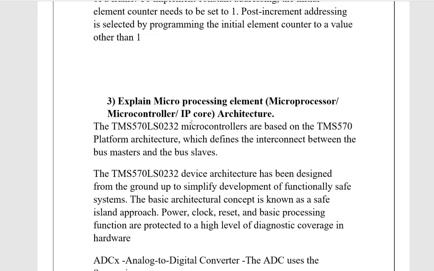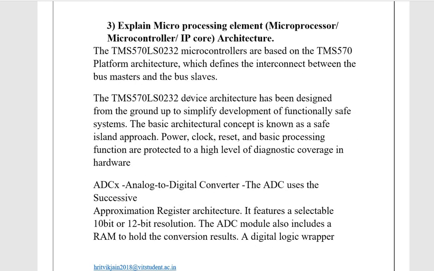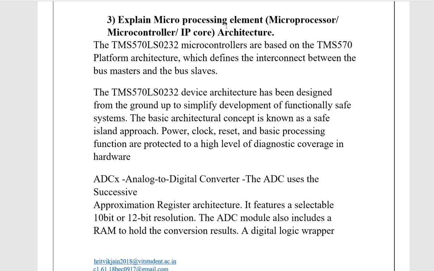In question number 3, I am going to explain the microprocessor element architecture. The microcontroller I use, TMS570LC0232, is based on the TMS570 platform architecture, and my device architecture has been designed from the ground up to simplify development of functionally safe systems.